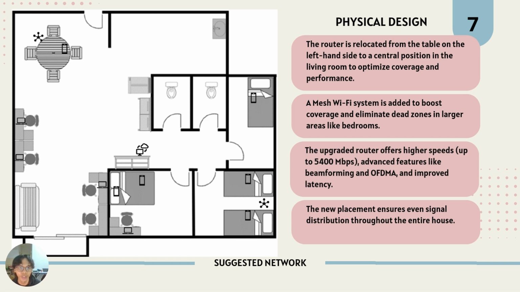Mesh Wi-Fi nodes are also added to improve coverage in larger areas like bedrooms, and the router has been upgraded to the TP-Link Archer AX73 router, which offers faster speeds, advanced features for better device handling, and reduced latency. These changes ensure seamless connectivity for 12 devices, accommodating higher traffic loads and future scalability.